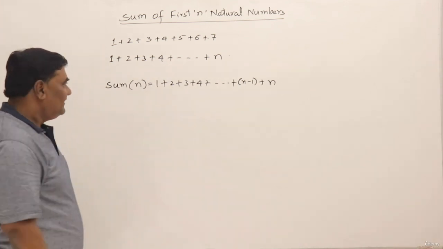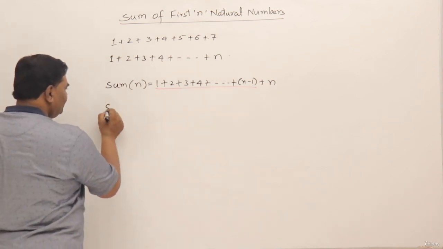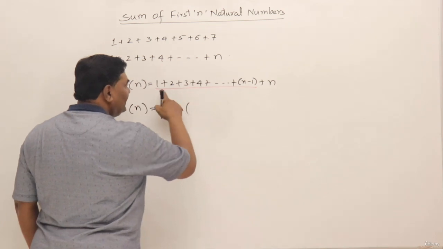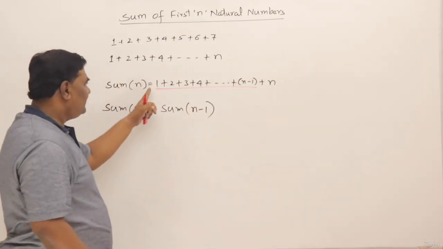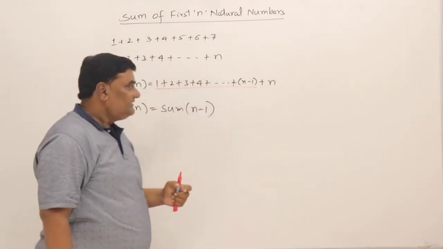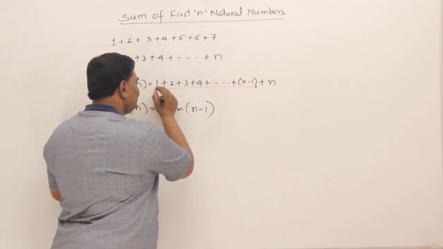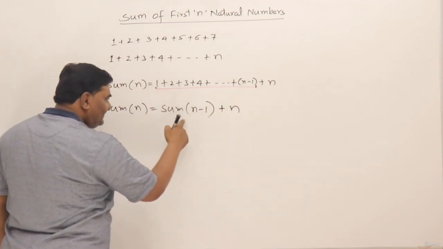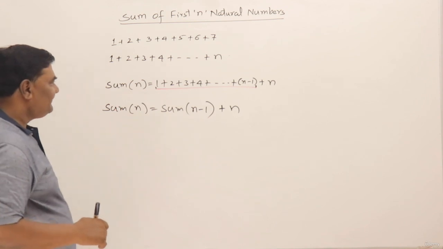Now, if I take the summation till here, this is nothing but the sum of n minus 1 terms. See, n terms means 1 to n, then n minus 1 terms will be from 1 to n minus 1, that is till this point. Then what more is remaining? Plus n. If I add n to that, it gives me up to n. So this became a recursive definition.